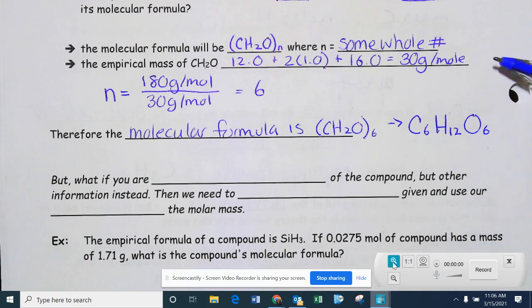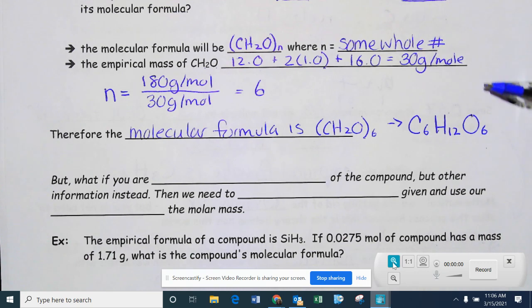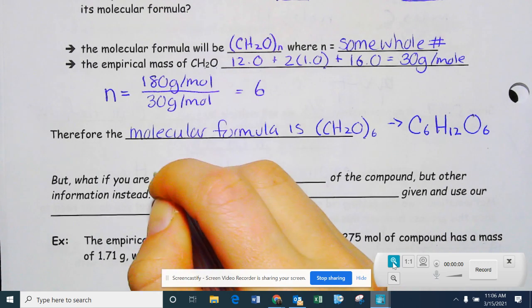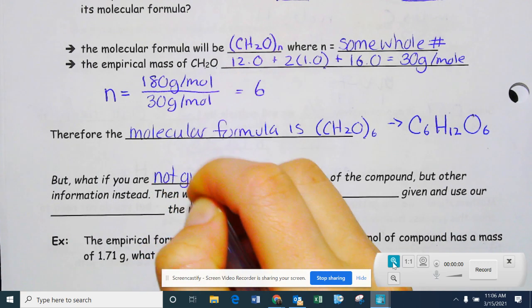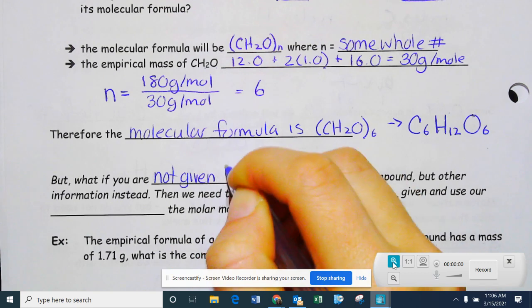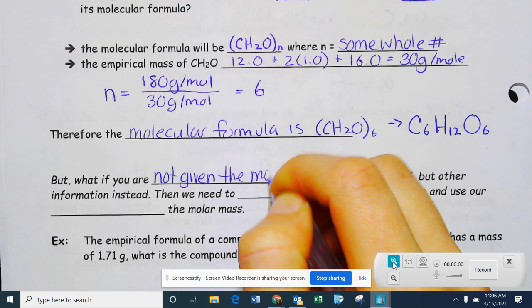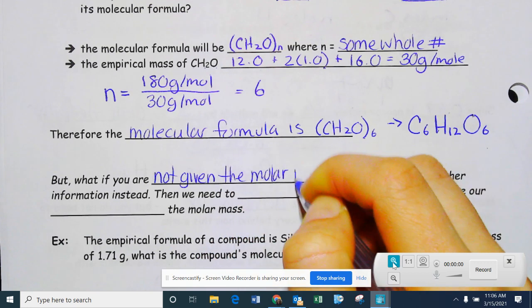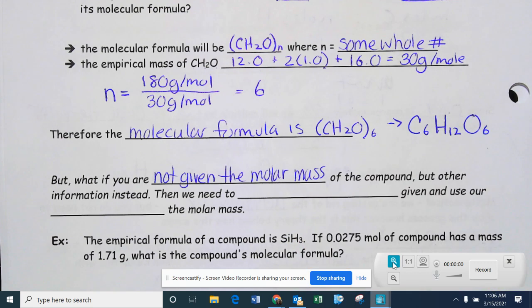Okay. Did I lose anybody in that section, or are we feeling okay? All right. So what if you are not given that molar mass? You can also figure this out if you're not given the molar mass of the compound, but you're given other information instead.